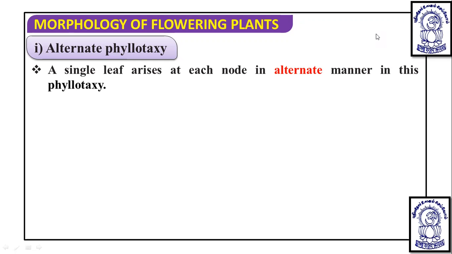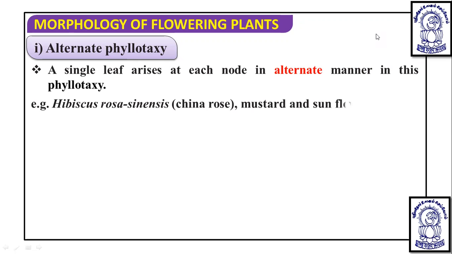So when a single leaf arises at each node in an alternate manner, it is known as alternate phyllotaxy. This is seen in China rose, whose scientific name is Hibiscus rosa-sinensis, then the mustard plant, and then the sunflower.